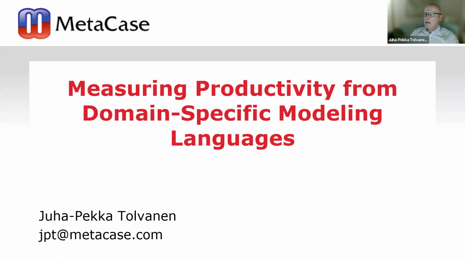Especially in the case of an internal DSL, the person can still rely on the host language and neglect all the abstractions that you provide with the DSL. So even for internal DSLs, this kind of question makes sense in my opinion.